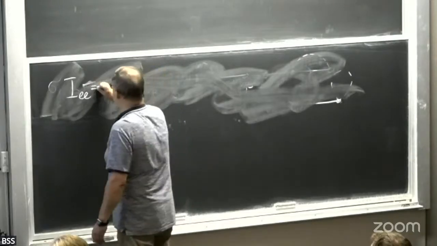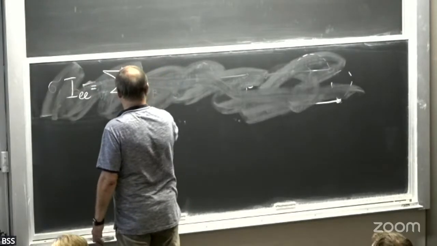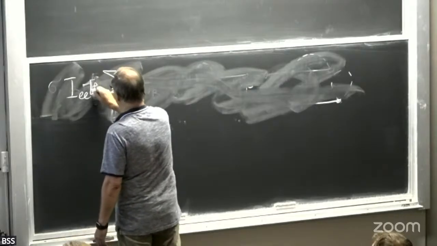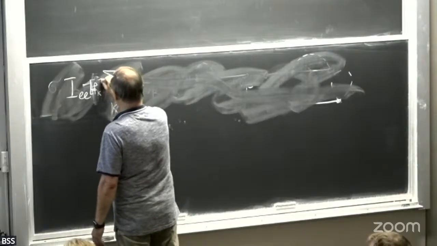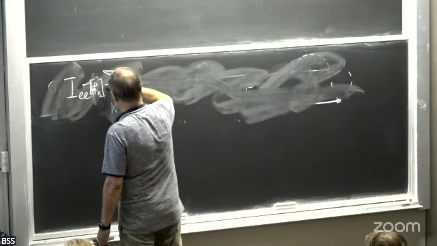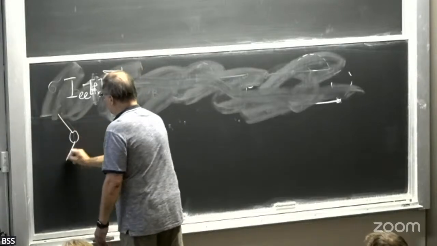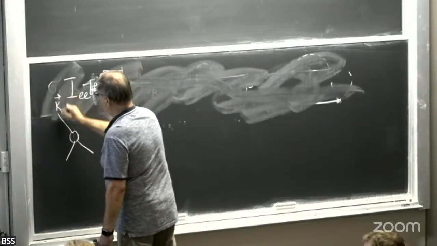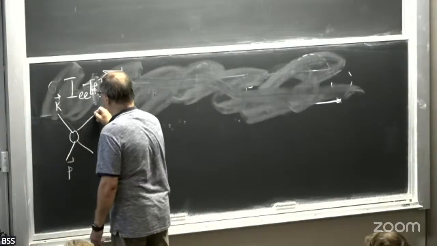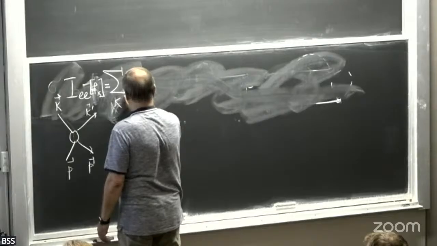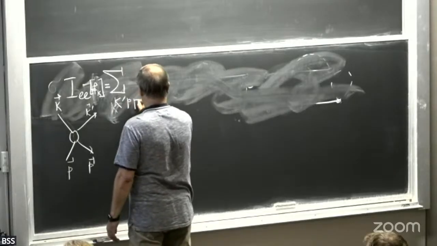But still, let's stick to the intuitive form. It looks like this. So let's say this is the collision integral, which is acting on the particle with momentum k, and it describes collision between particles with momenta k, p, k prime, p prime. So I'm summing over k prime, p, and p prime.